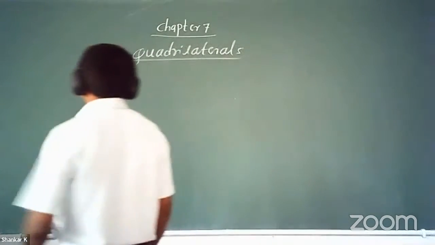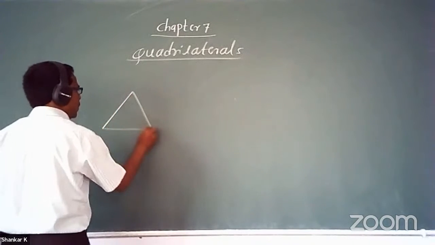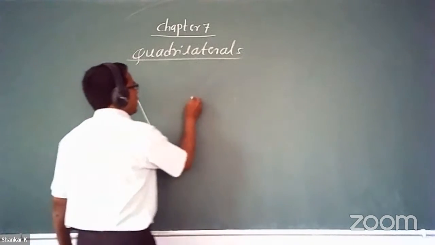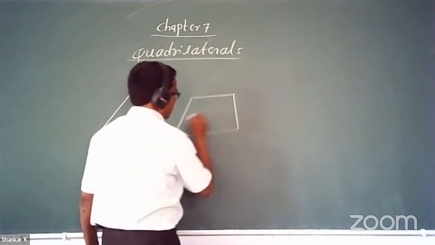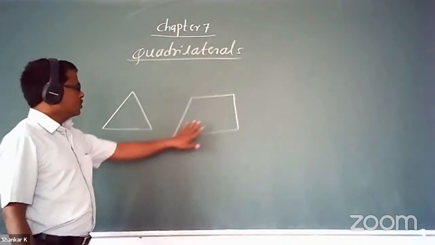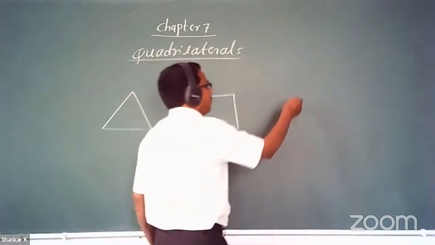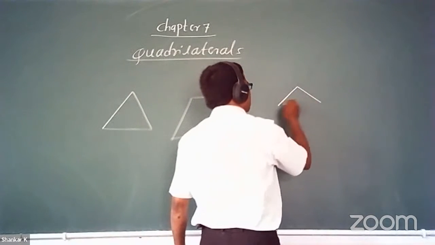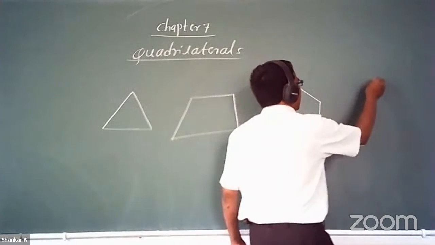For example, a triangle is a polygon. Then a four-sided closed figure is a quadrilateral. This is also a polygon. Or a pentagon is a polygon.